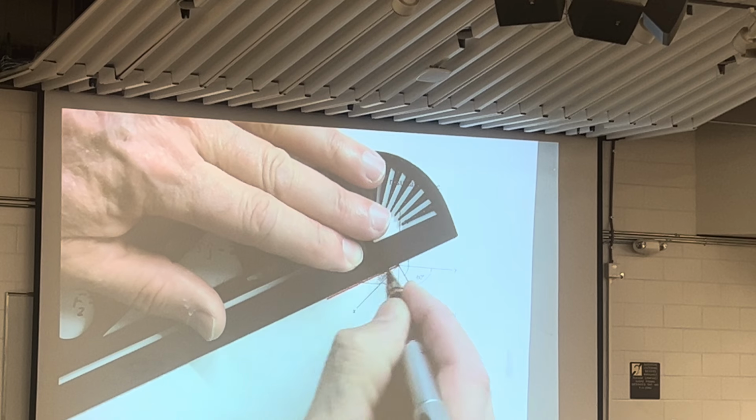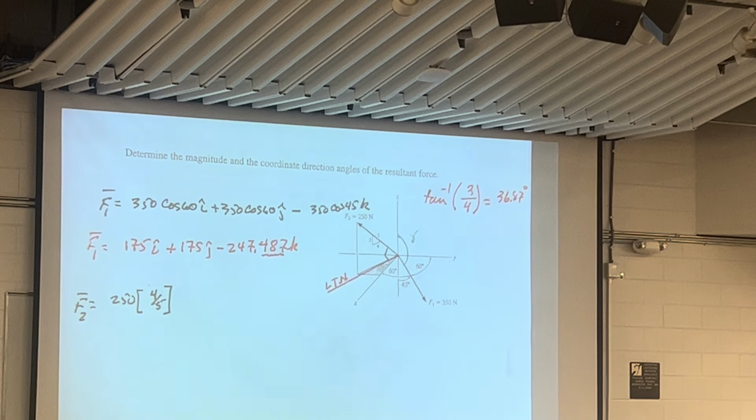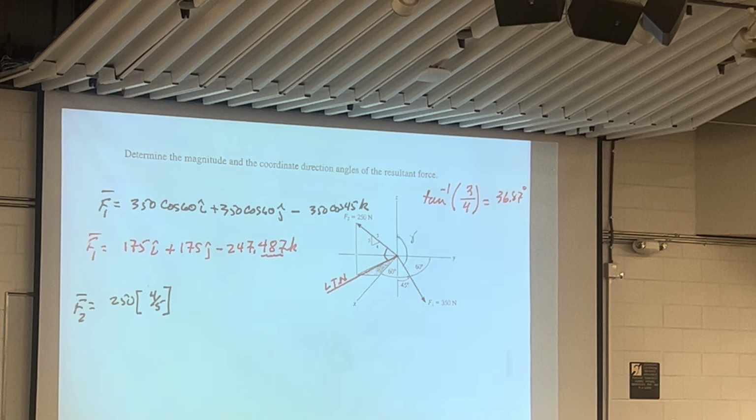Somebody tell me what the tangent inverse of 3 over 4 is. 36.87 degrees. All right, somebody, you got your calculator. Somebody tell me what the cosine of 36.87 degrees is. I'm going to venture to say it is 0.8. Of course it is, because 4 over 5 is 0.8.